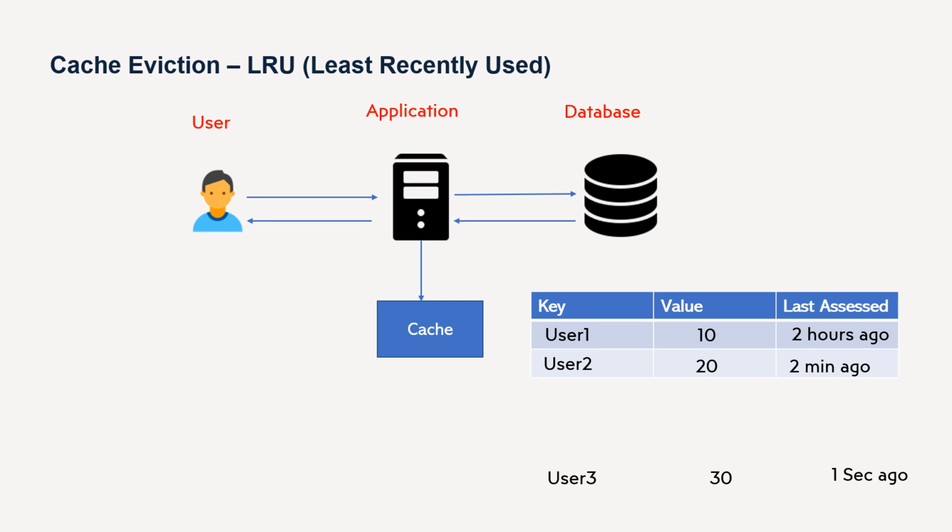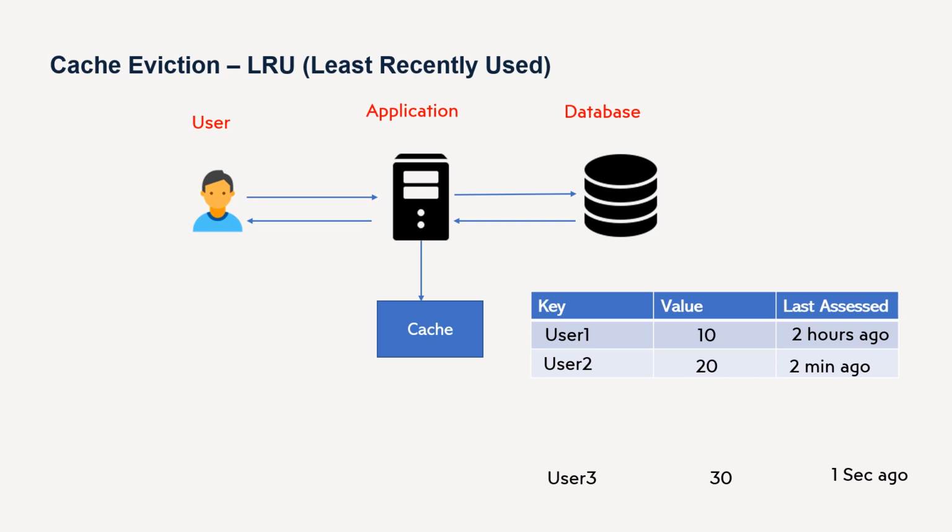For example, here user 1 value was accessed 2 hours back, but user 2 was accessed 2 minutes ago. So it means that user 2 was accessed more recently. So the LRU value is user 1.